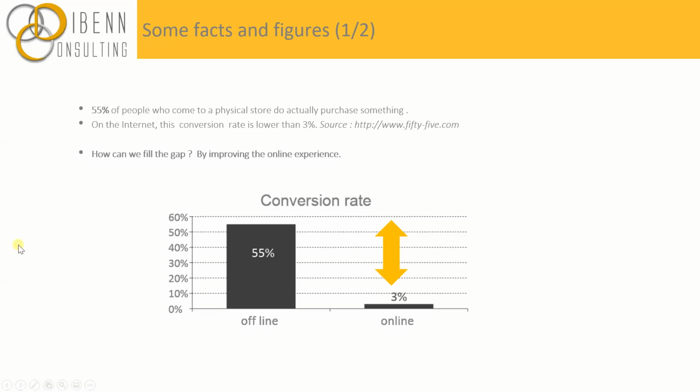Well, it's not uncommon to have 55% of conversion rate offline, whereas the online rate is more around 3%. Of course, these figures are just estimates, and you should not consider this is true for all industries in all countries. But it is true that there is a huge gap between online and offline conversion rate.